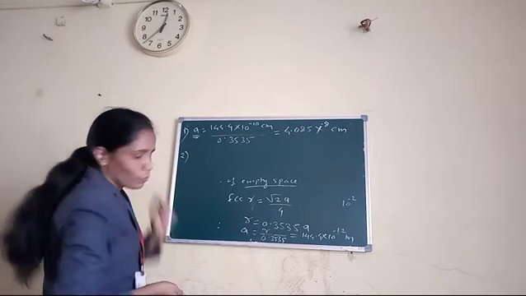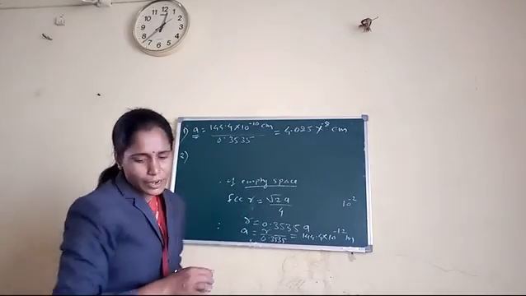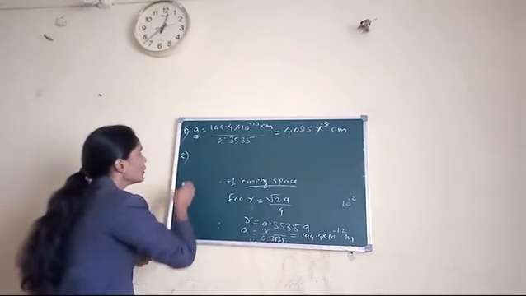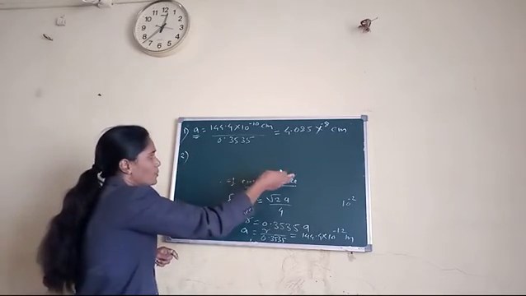For volume. Second calculation for volume of silver atom, means volume of one atom. Silver crystal crystallizes in FCC.